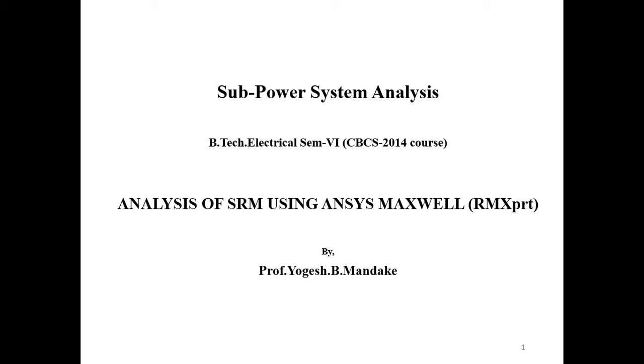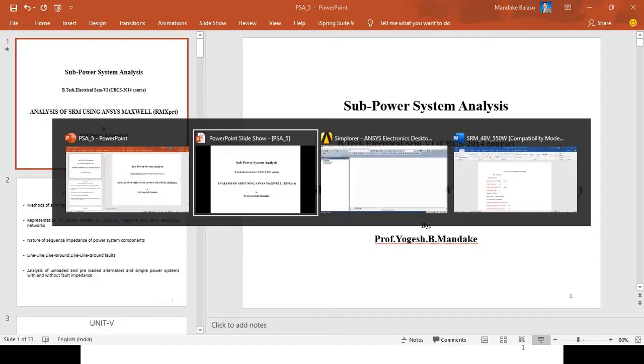We had discussed how to design the 550 watt motor, which is an 8 by 6 type of motor, where 8 is the number of stator poles and 6 is the number of rotor poles, using the ANSYS Maxwell RMxprt tool. So we'll revise that part, or we'll try to design the motor again in short.